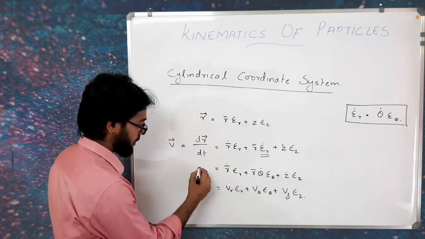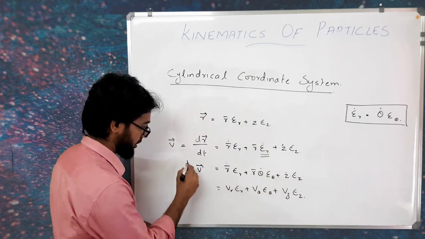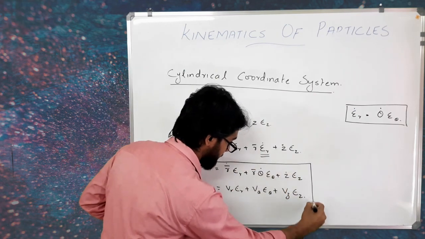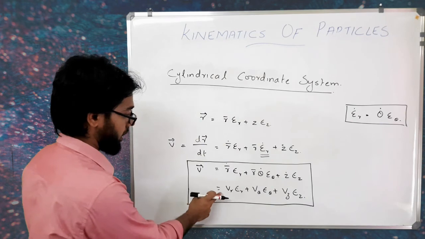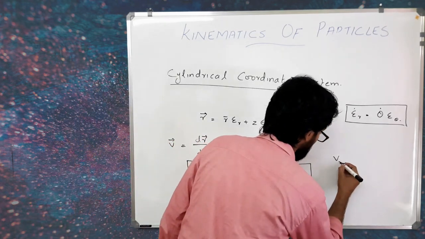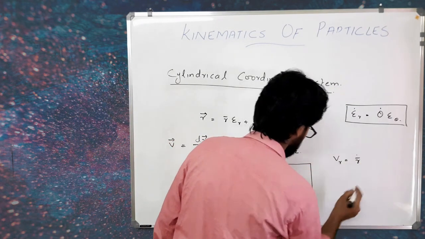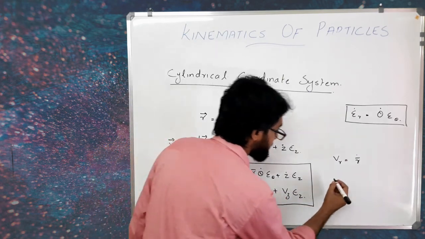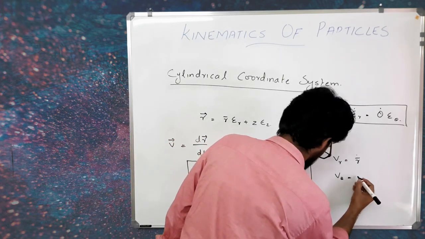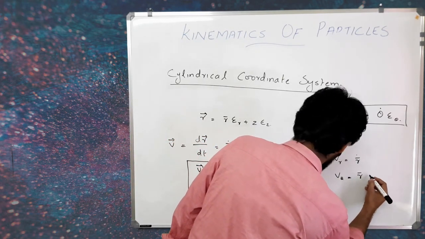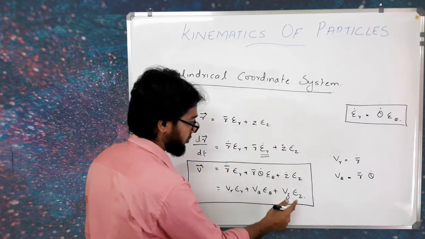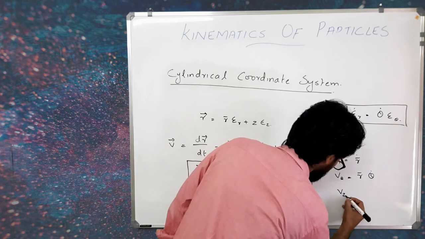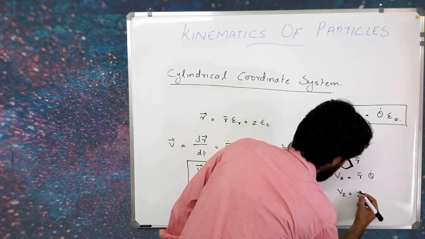So remember this equation here, Vr will be equal to r dash dot, V theta is equal to r dash theta dot, and Vz is equal to z dot.